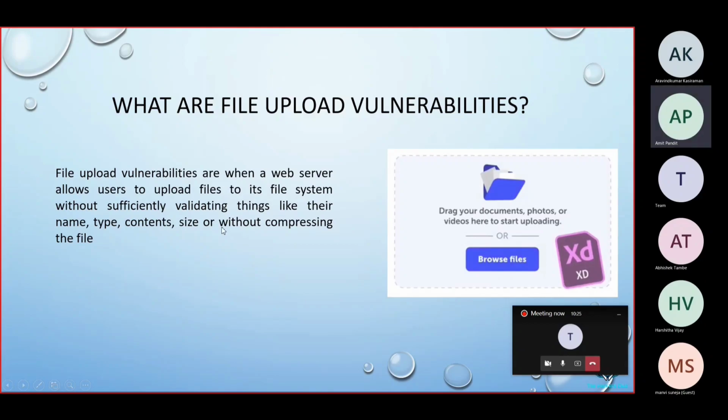And if the server stores the uploaded file without compression, it also gets vulnerable, because compressing a file removes some sensitive contents or parts of the payload, which causes the malicious file to be corrupted. So hope everybody understood file upload vulnerability.